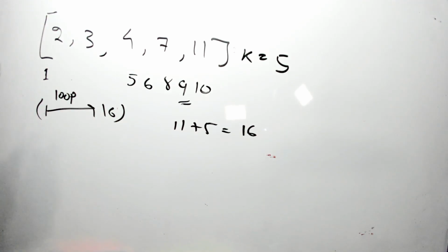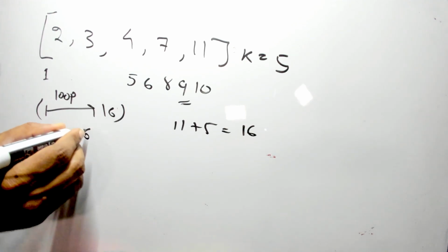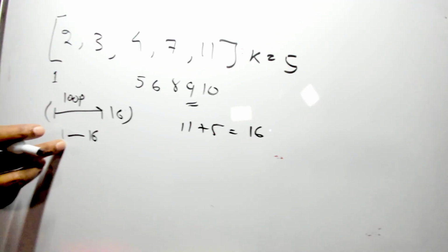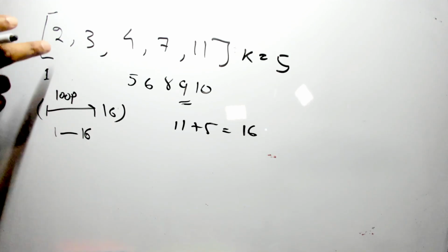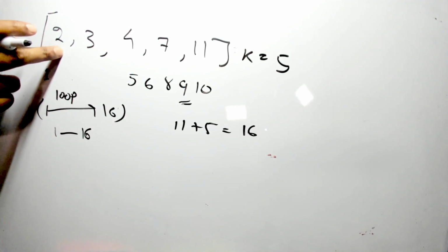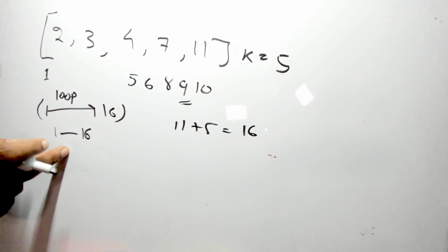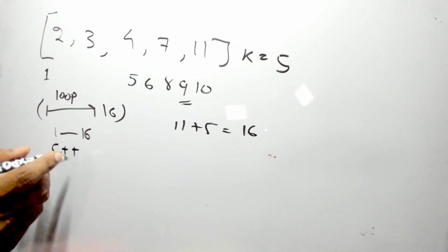Now we iterate from 1 to 16, and we see whether the number, that is index I plus 1, is present in the given array. If present, we just skip. If not present, we increase the count by 1.